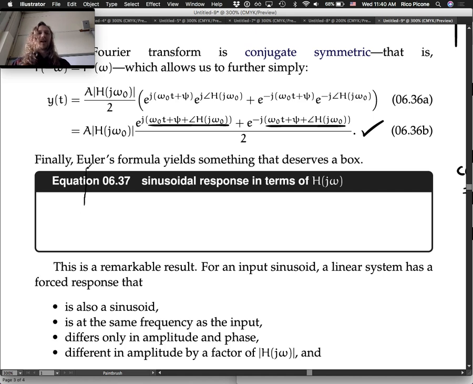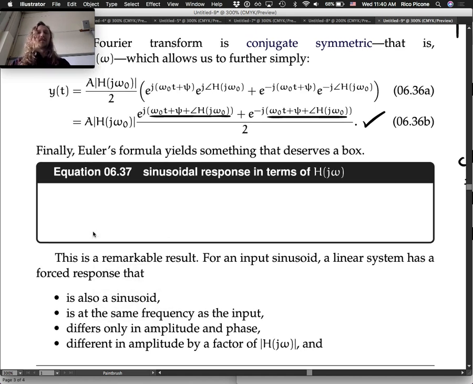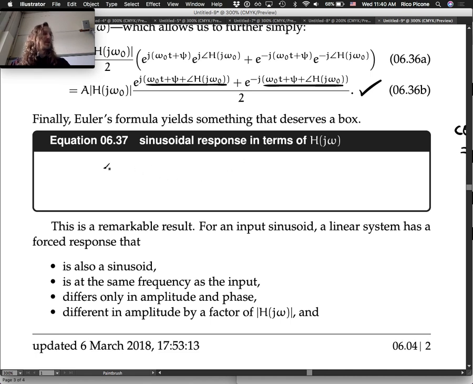This is like a big summary box, it deserves a box equation.